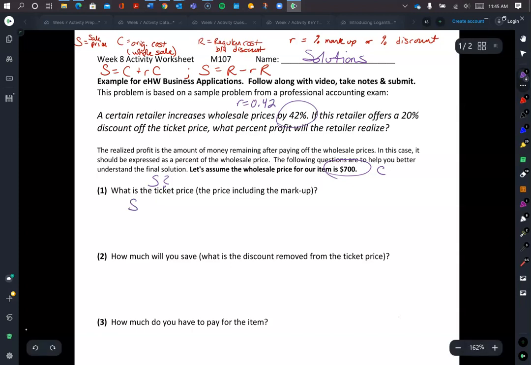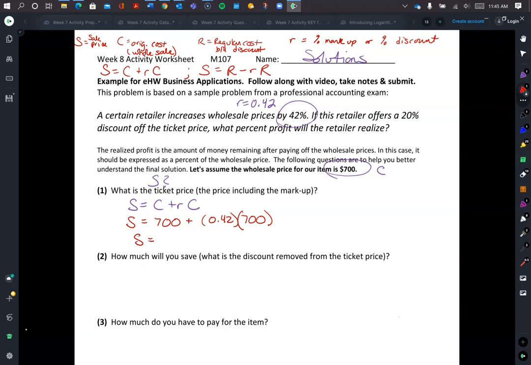So here's my formula, S equals C plus RC, and then I just fill in what I have. So I have S equals 700 plus 0.42 times 700. Or you could just write that as 1.42 times 700, which would also get you there.